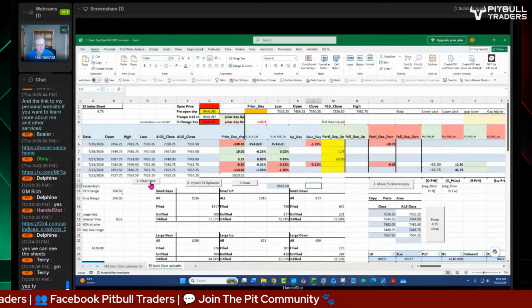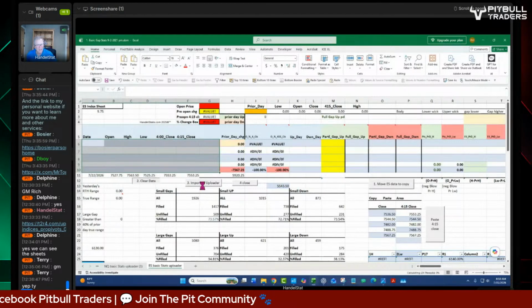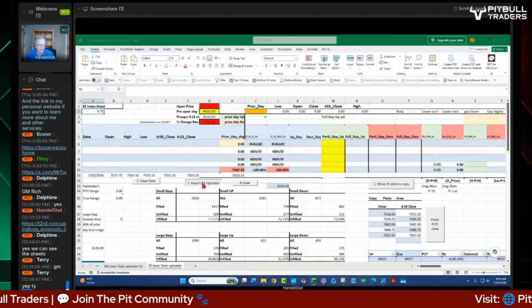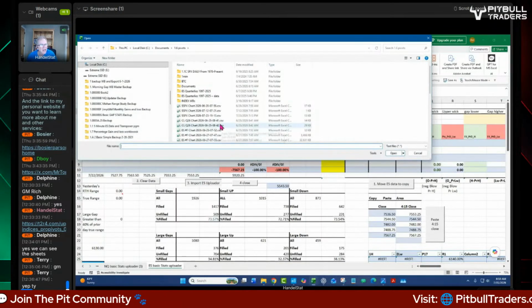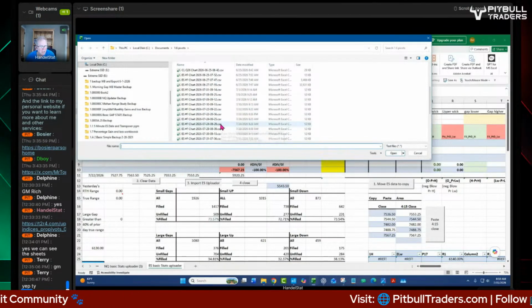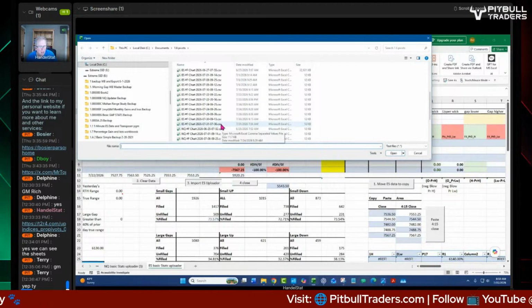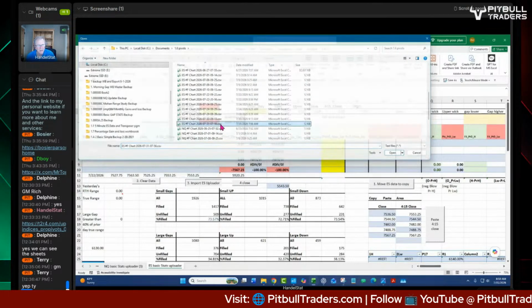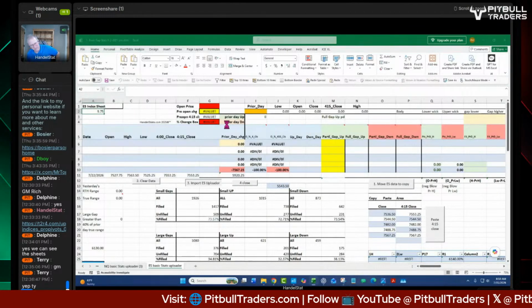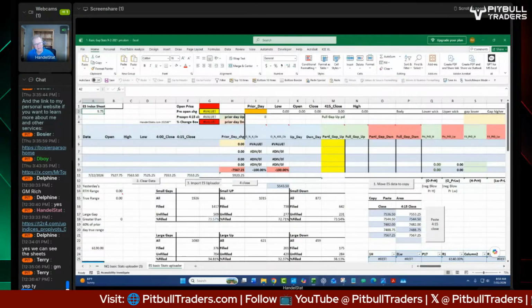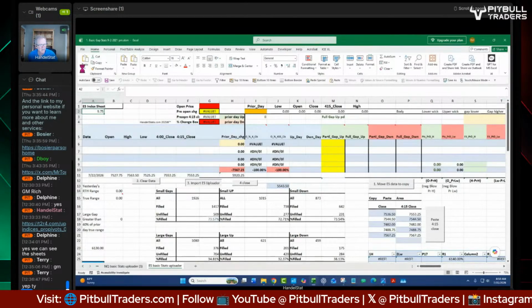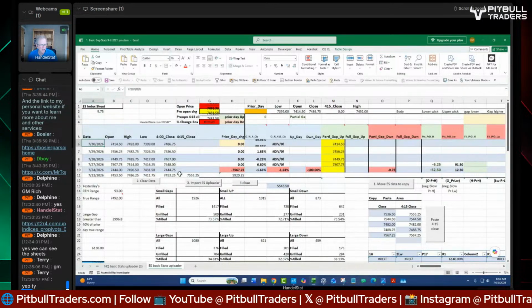So we'll clear this data, and we will import this. Import. And that is ES. I already downloaded the data for this earlier this morning. It's ES. There you go there.